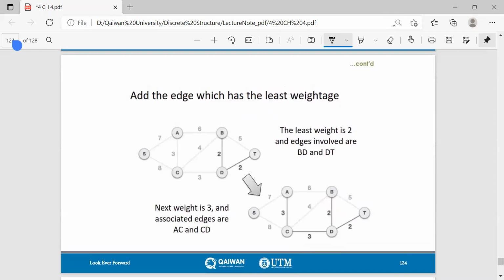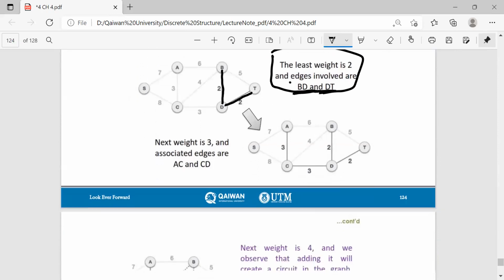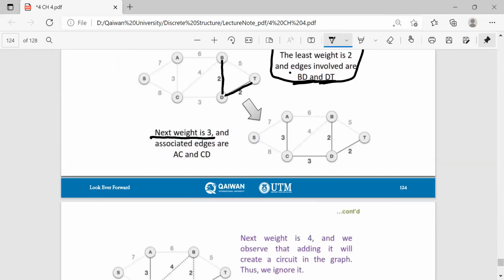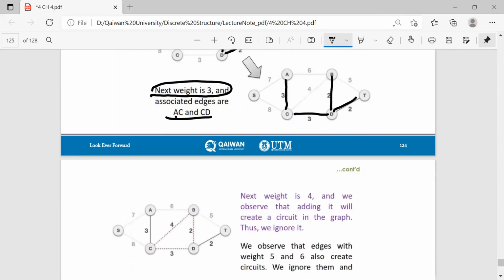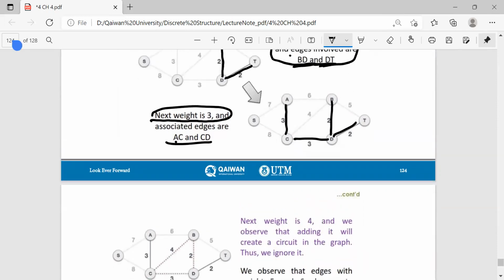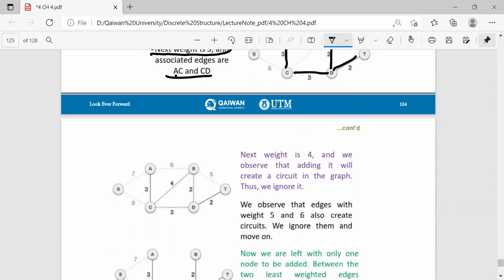The least weight is 2, and the edges involved are BT and DT. We can choose both because it doesn't make a cycle. Then the next weight is 3, AC and CD. None of them make a cycle, that's why we choose them.